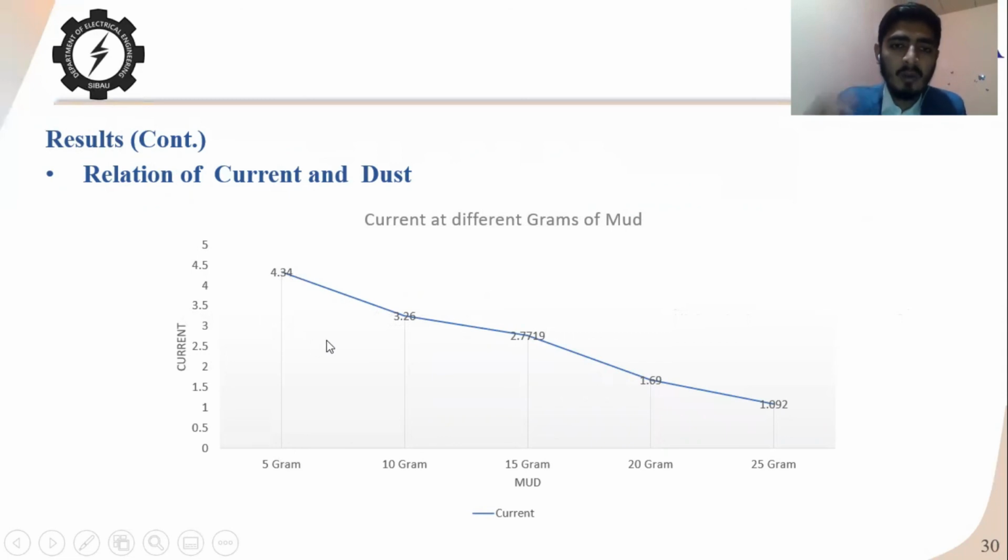And whenever we increase the quantity of mud, the current decreases. At 25 gram of mud placed over the surface of the panel, there is a greater shadow problem, and due to that, the current is very much less and reaches up to 1.0 to 1.092 amperes.